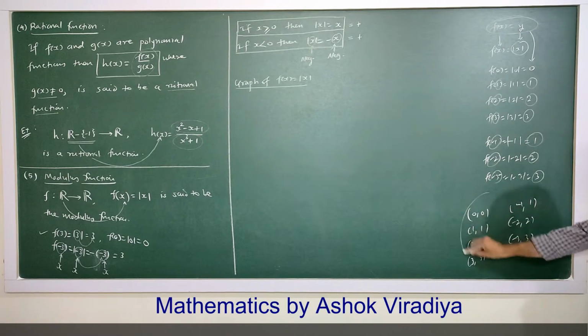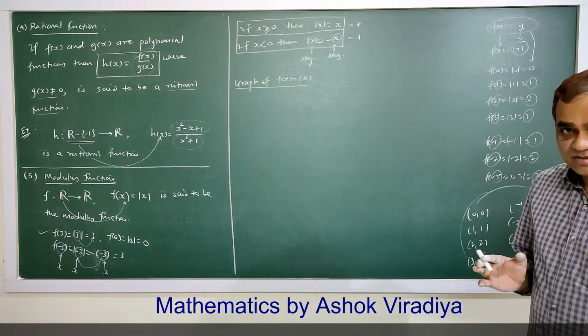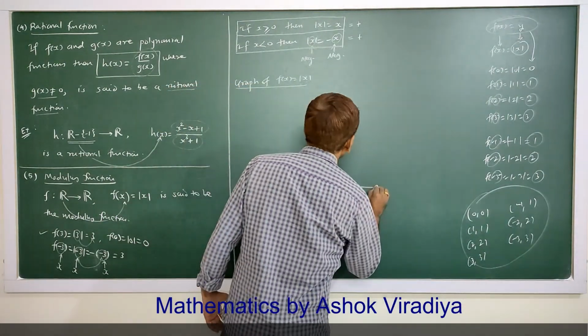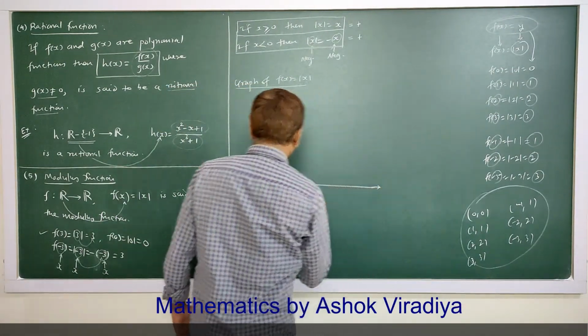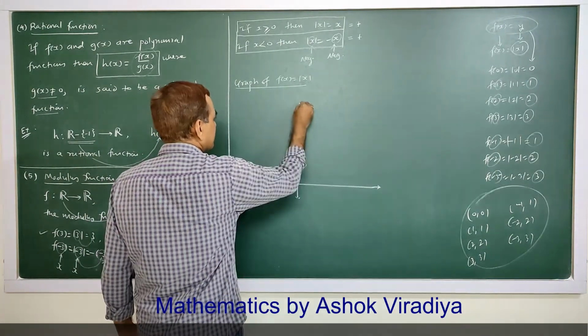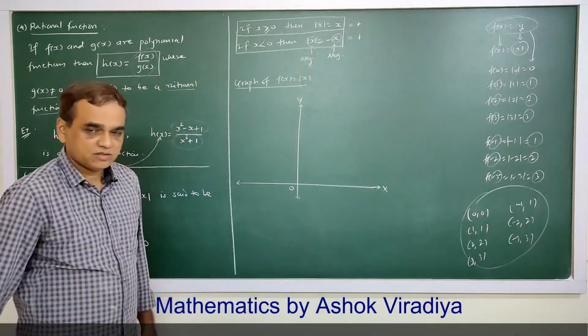So we are getting points on the graph. Few points are required to observe the shape of the graph. Now see, here this is x-axis, this is y-axis, this is origin.